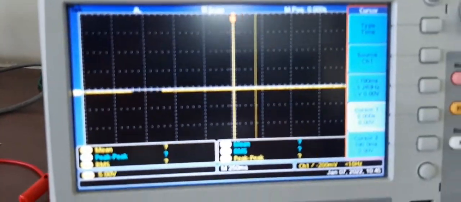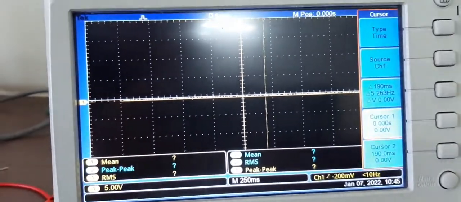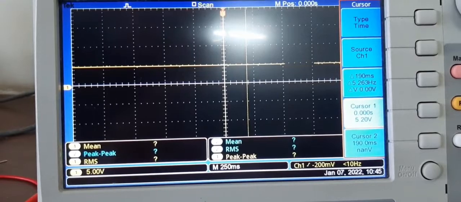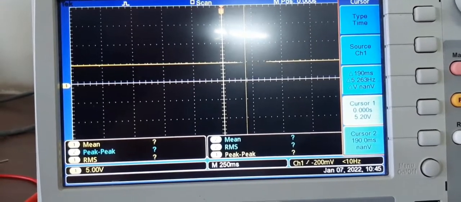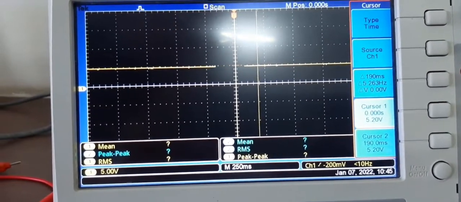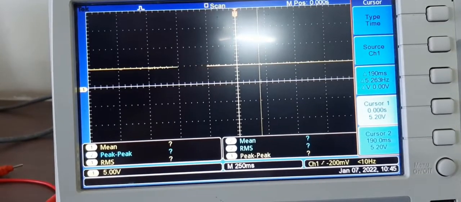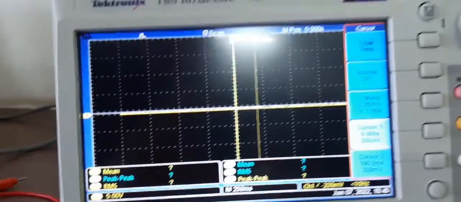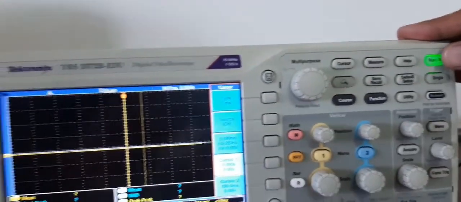So you can see this waveform. You can see this is the 5 volts that we are getting across the capacitor, but this is the steady state waveform. We are only interested in the transient. So here it is again 0. We'll stop at the transient portion of the waveform.